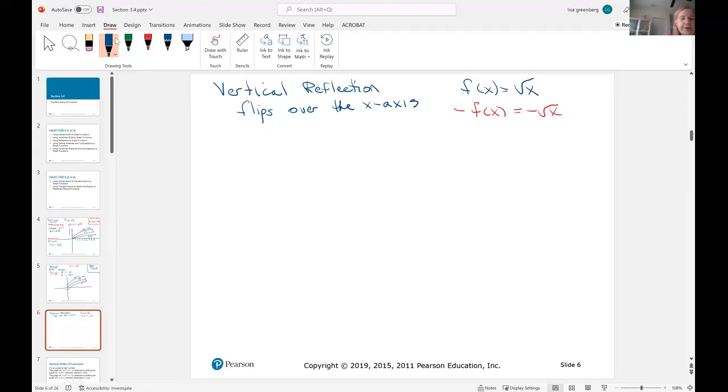So if you think about it, if everything for f of x is positive for the square root, now whatever my g of x is, which would be the negative of f of x, all my y values, excuse me, are going to be negative. So it's literally going to flip down.